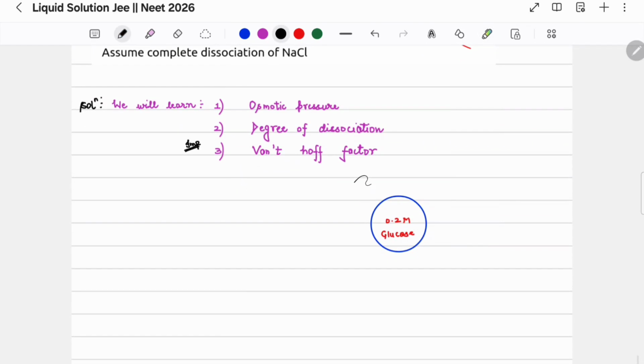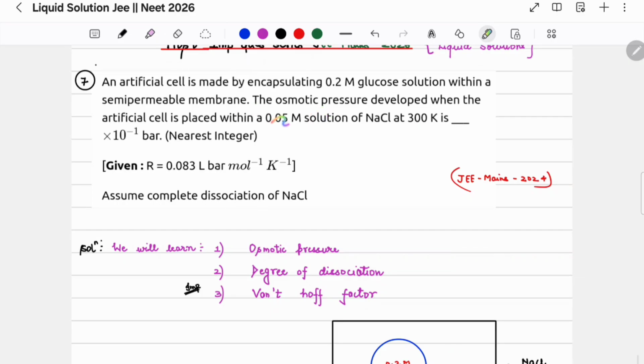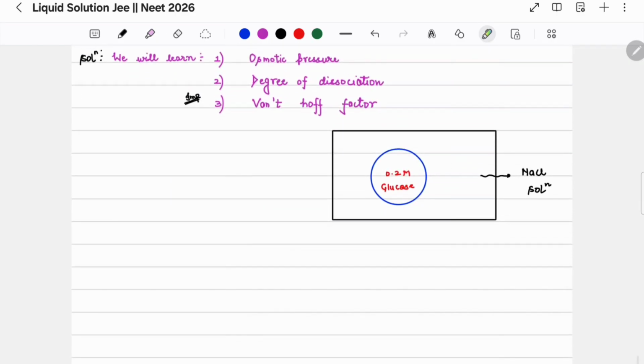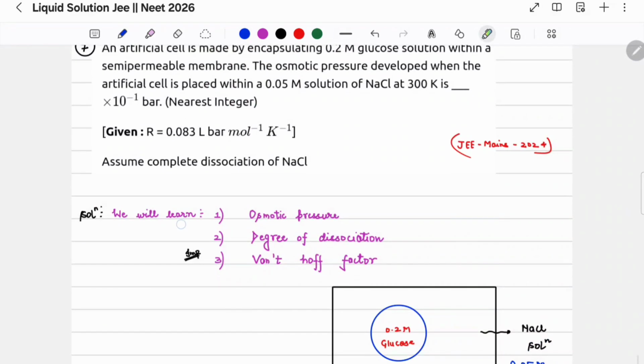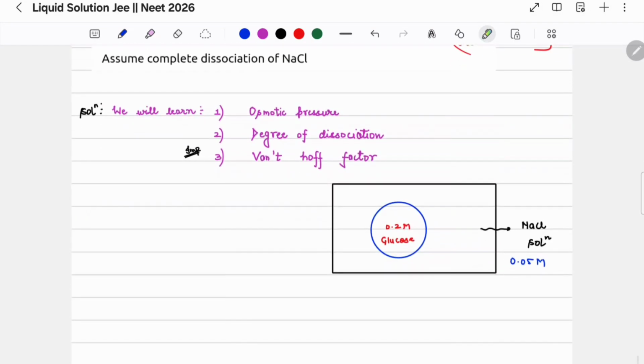So let's make one box, and in this box NaCl solution is present. Molarity we also need to take care of: 0.05 molar. So logically, what did they do in this question? 0.2 molar glucose is inside the circle, and outside the circle there is NaCl solution. So let's try to understand. This is the key point which we need to understand. They are asking osmotic pressure developed. So let's see how we can tackle this question.